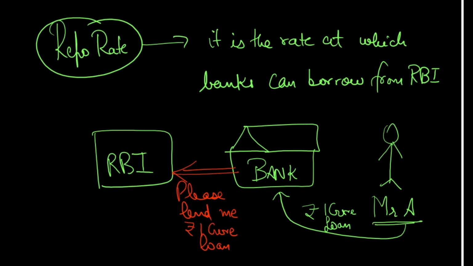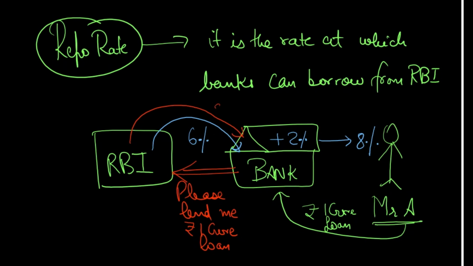So if RBI charges 6%, bank will add up its margin. So interest rate will be 8%. If we say RBI reduces the repo rate to 5%, then bank will lend it as 7%.